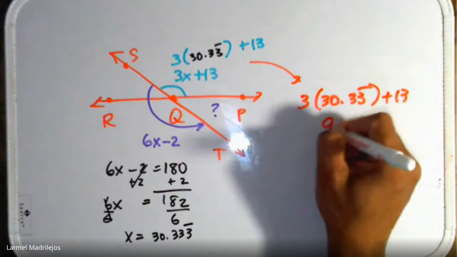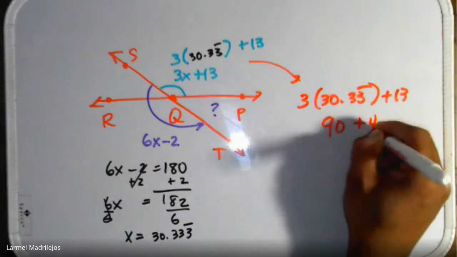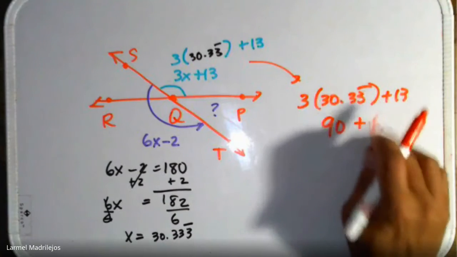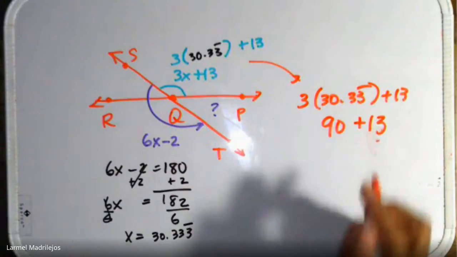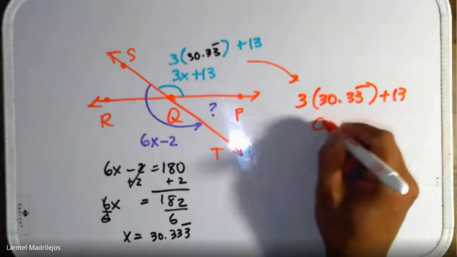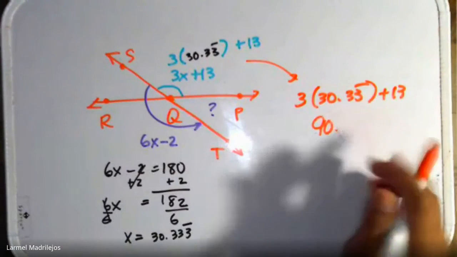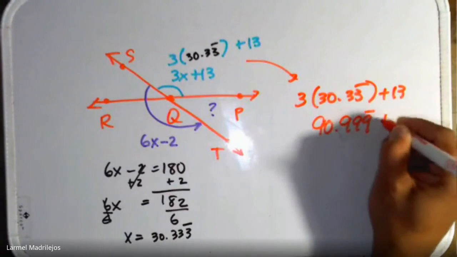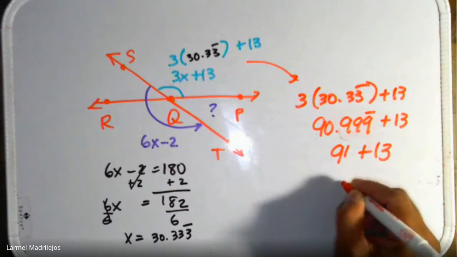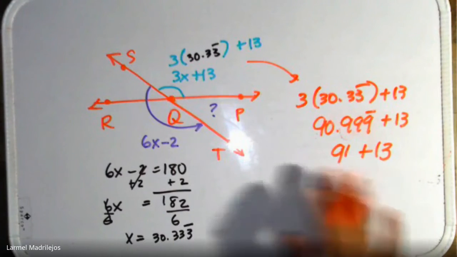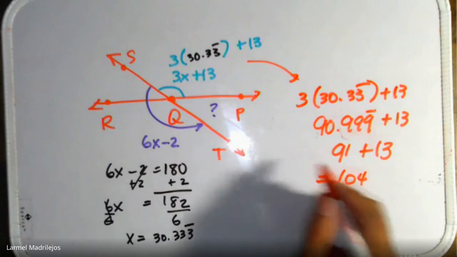This gives me about 91. 91 plus 13 is 104. That's for that angle here.